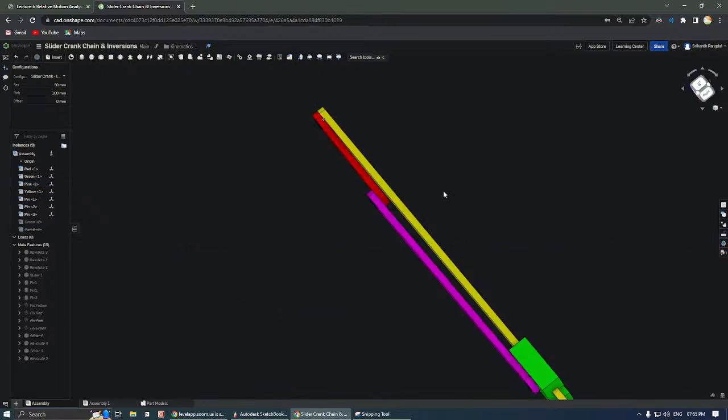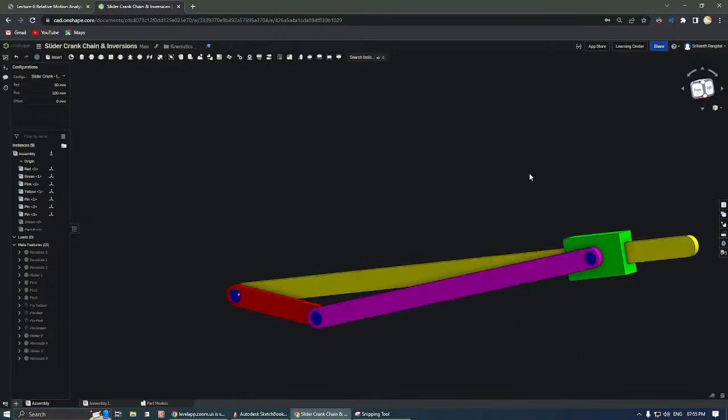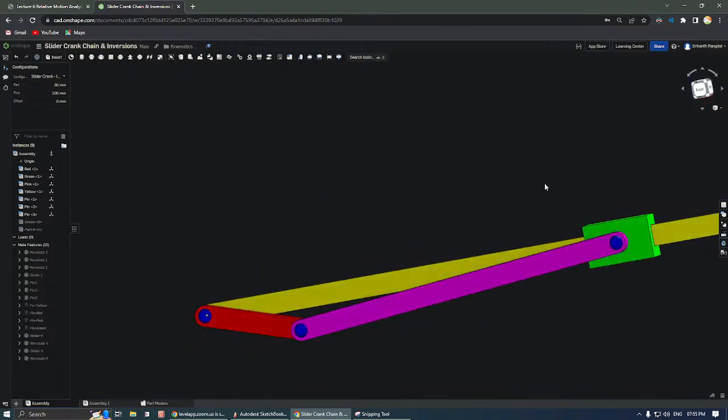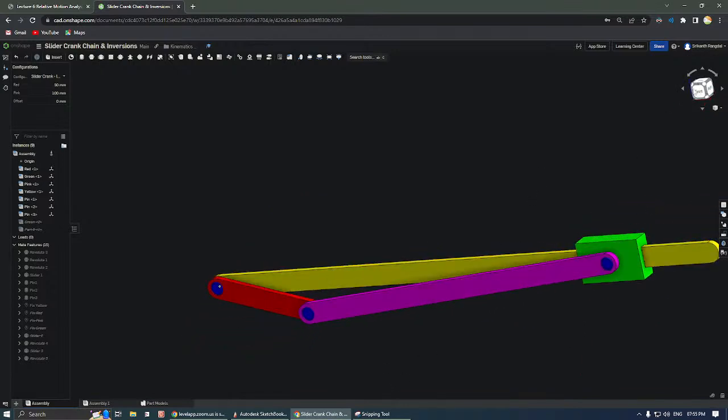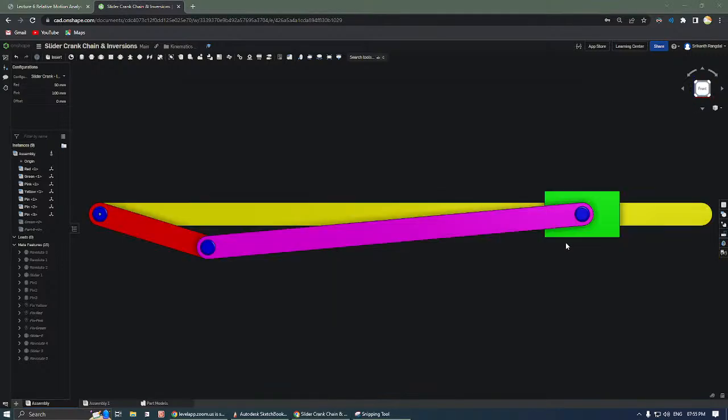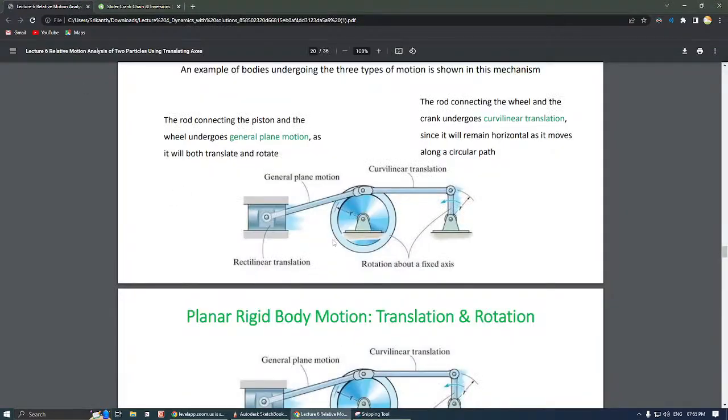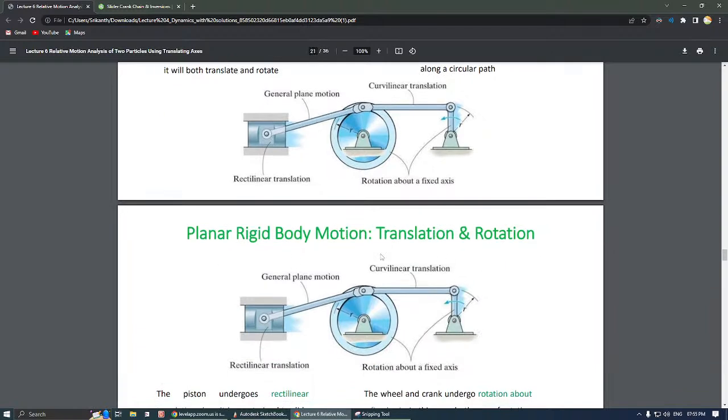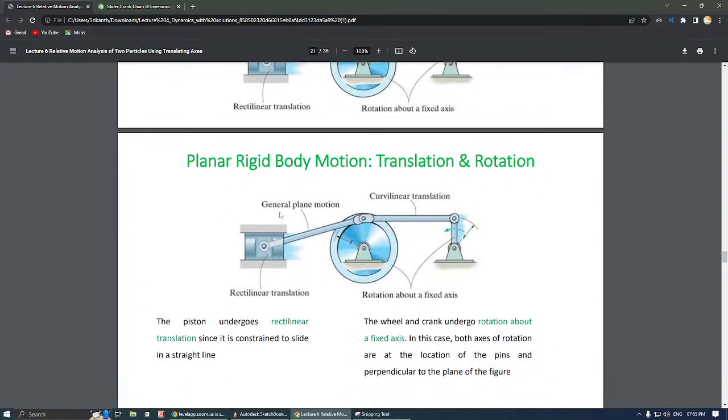Yes, rotation and translation both are happening. This is what he is trying to tell here in planar motion. Then general plane motion, then curvilinear translation.